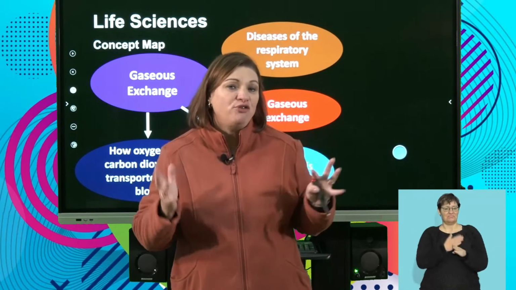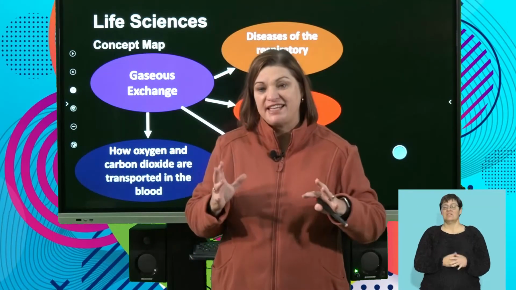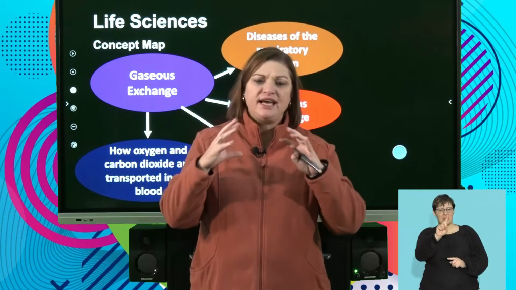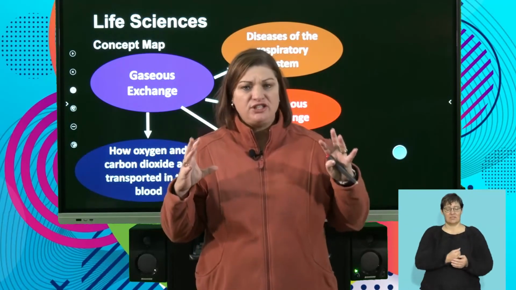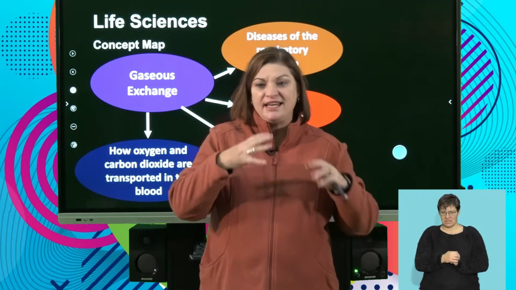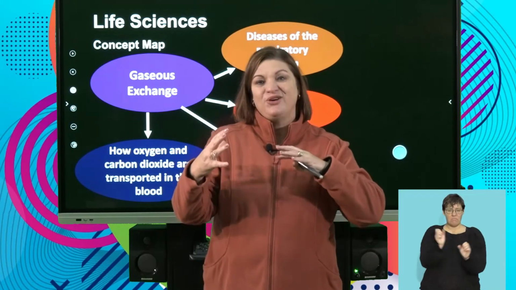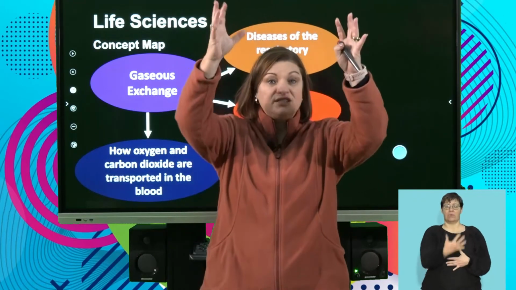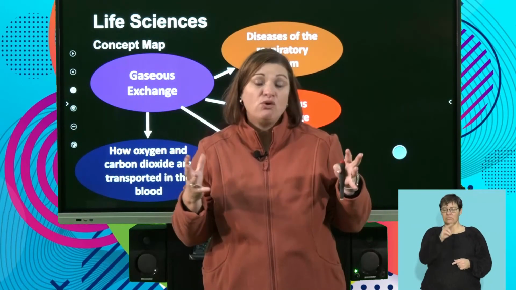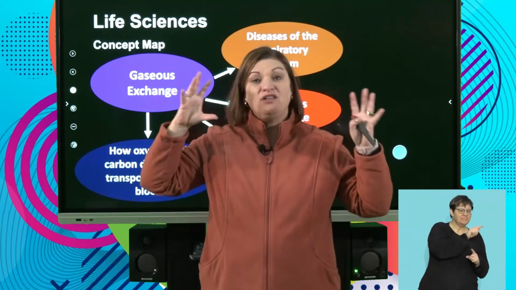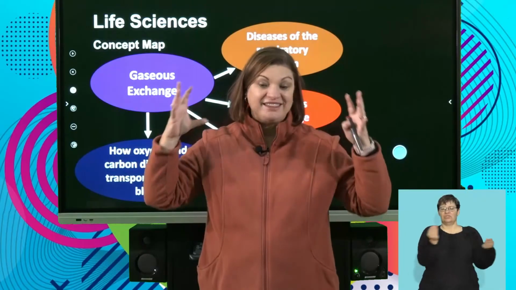Okay, so the road that we followed so far when we've looked at the whole concept of gaseous exchange: we've looked at what gaseous exchange is. When I talk about gaseous exchange, we realized that it has a lot more than just breathing in and breathing out. So far we've looked at how different organisms are able to get gases in and out. We looked at the whole structure of the mammal.